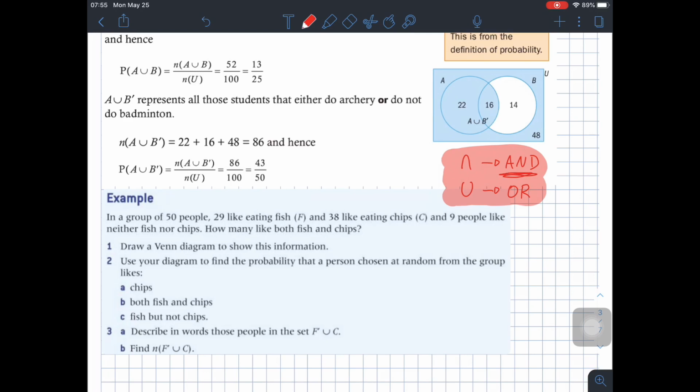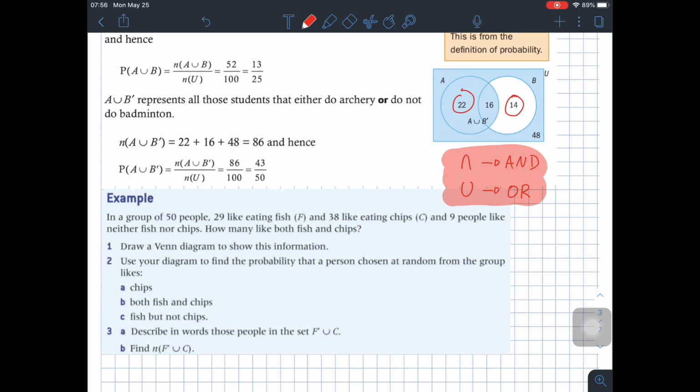The clue word when we talk about the intersection is "and." When we say archery and badminton, we're referring to the intersection, right? And when you see the symbol U, that means "or," so we could have someone who only does archery, or only does badminton, or does both.